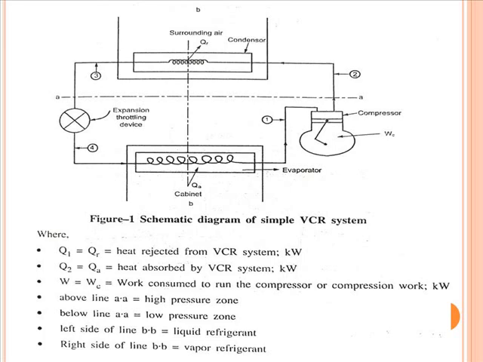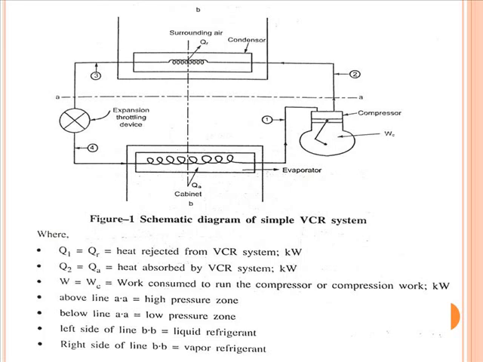So now the heat exchange takes place between the refrigerant and the air, and because of that at state 3 high pressure, low temperature refrigerant in liquid state is available.